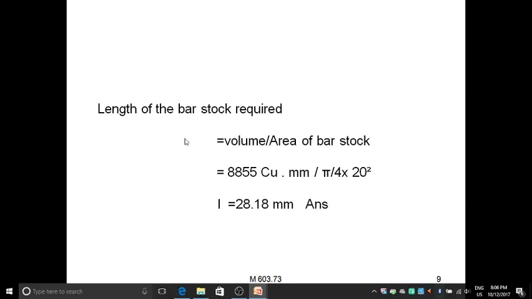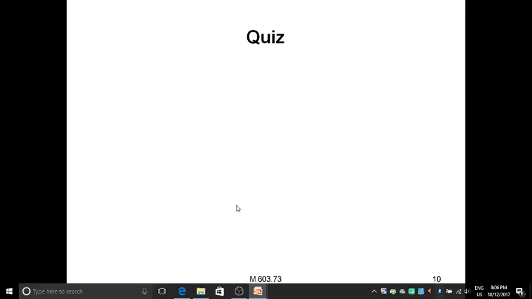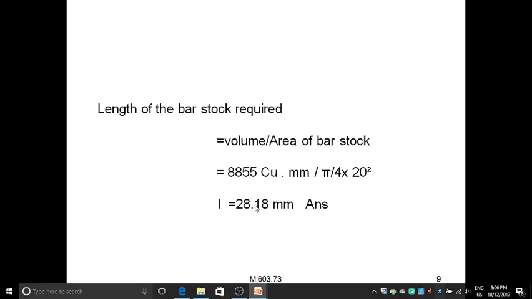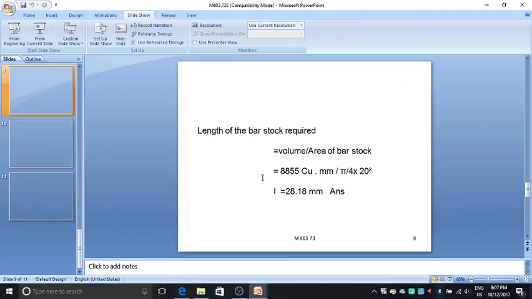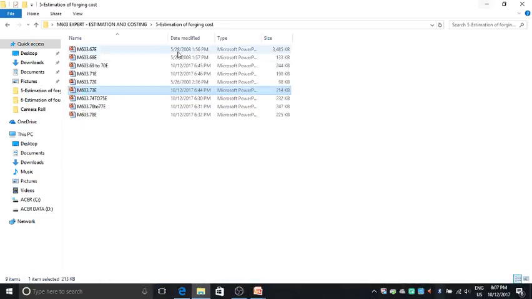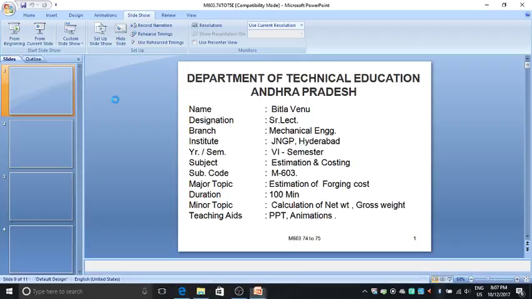You have already obtained the gross volume, and you divide that by the cross sectional area pi by 4 d square. So you will get the length. This is also very simple. Similar to that, now you come back to the other one.